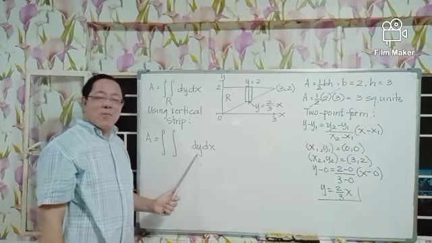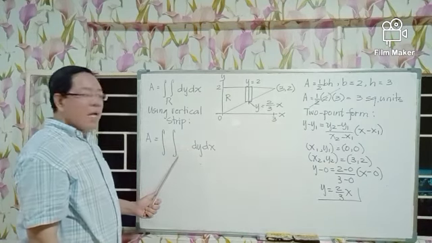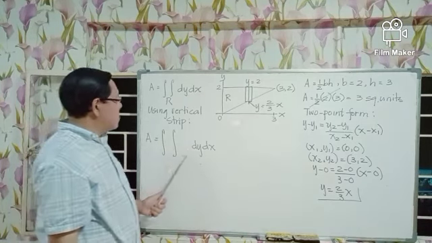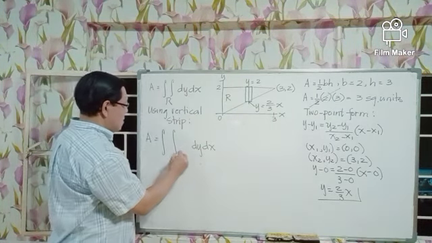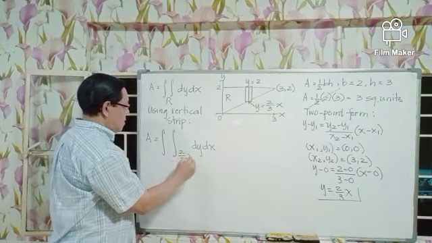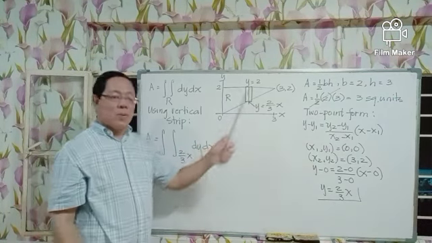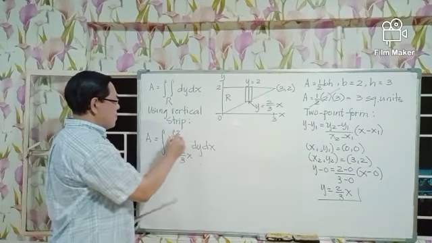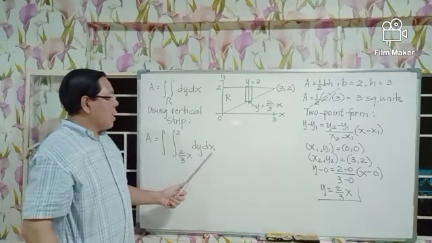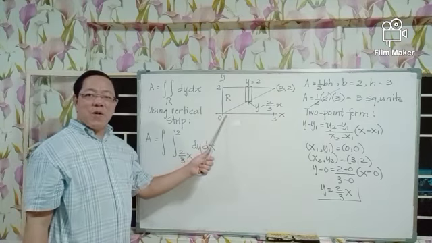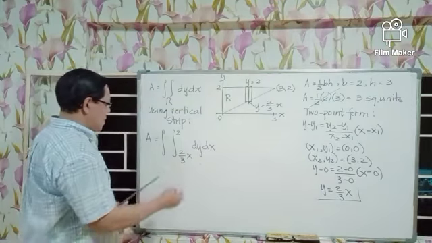Hence, we integrate with respect to y and evaluate the result from the y at this point, 2/3 x, to the y at this point, 2. And then we integrate with respect to x, and the value of x will vary from 0 to 3.